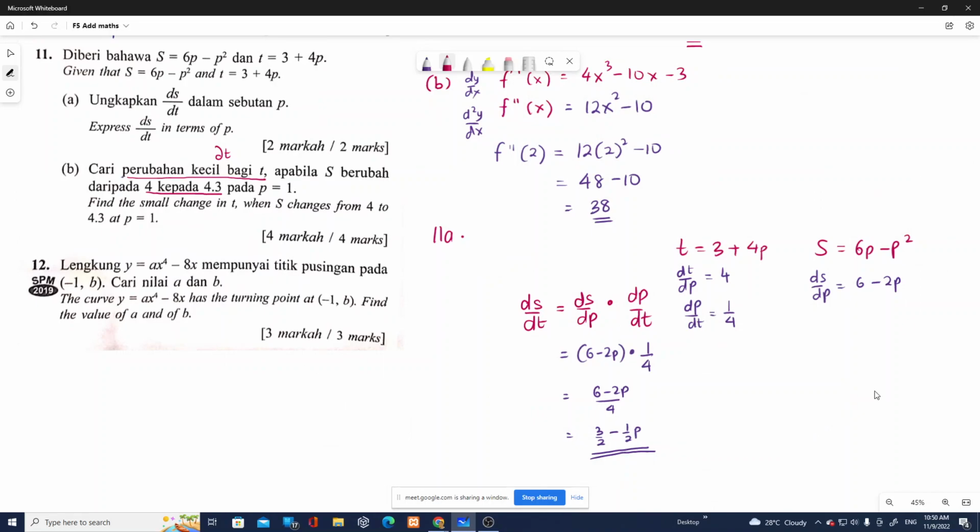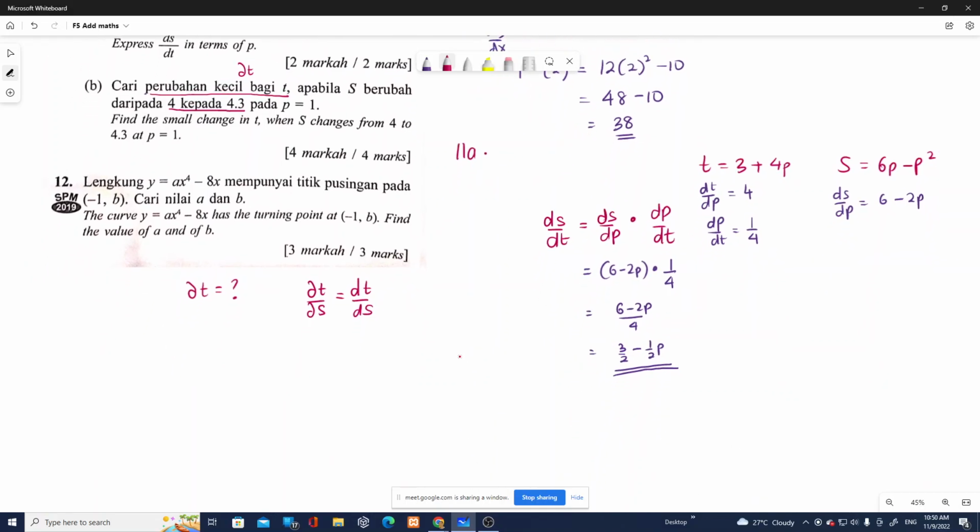Kita nak delta t, right? This is our question, but we know that delta t over delta s is equals to dt over ds, betul?